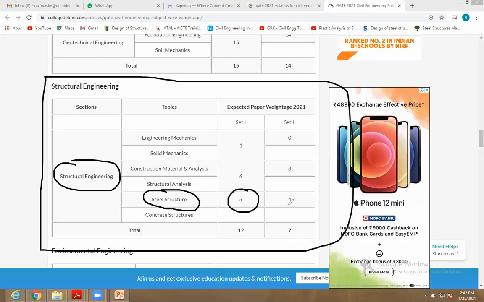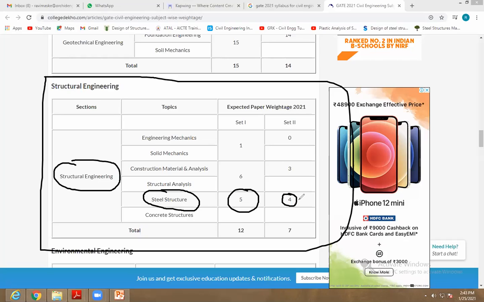If it is set 2, there are 4 marks. So it is expected, not fixed, that if it is set 1, the maximum marks for steel structure will be 5, and if it is set 2, then it will be 4 marks.